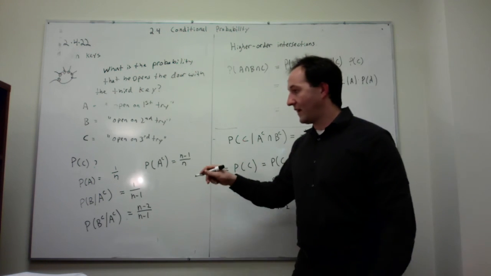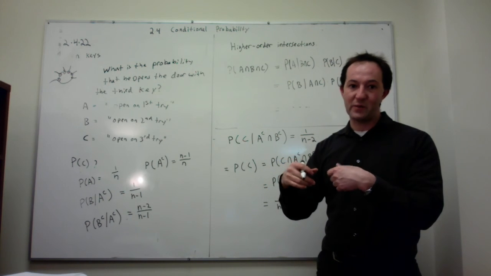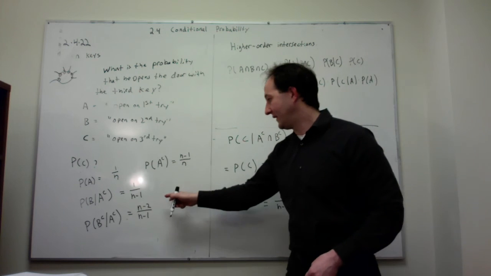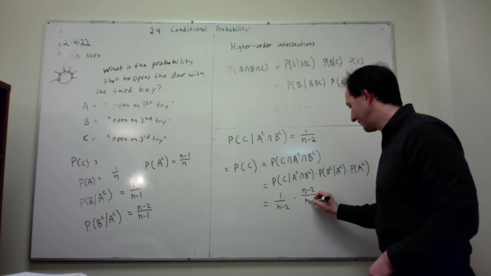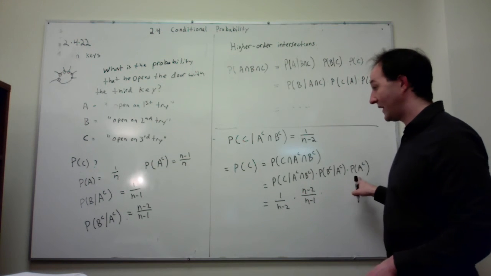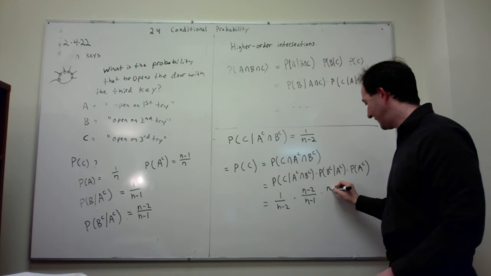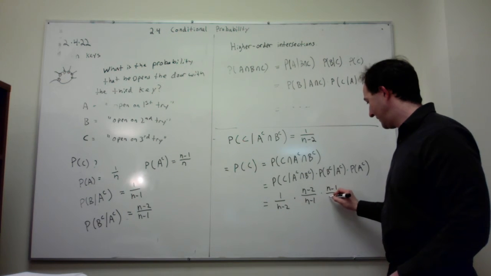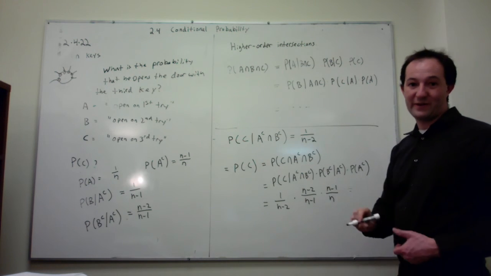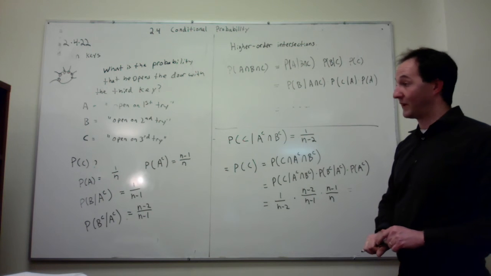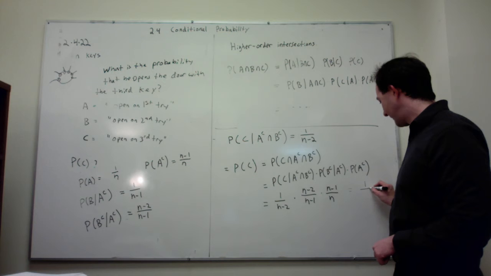So he has n minus 1 keys. What's the probability that he will not choose the correct key? It's n minus 2 over n minus 1. And then the probability of A complement is just the probability that he does not get the key correct on the first try. So this is the probability of opening the door on the third try. And this is kind of cute, these cancel, and this works out to be 1 over n.